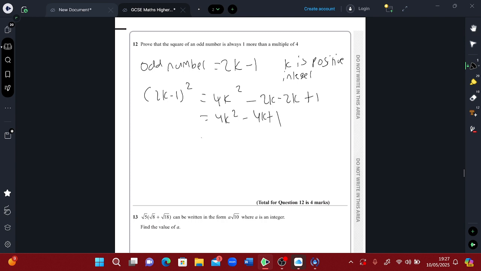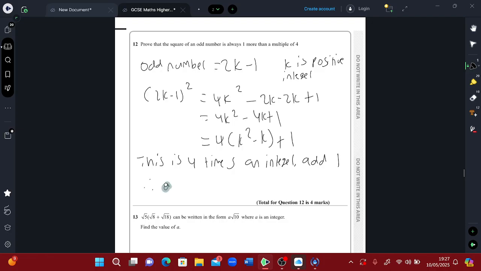Well, yes, that's true because we can factorise this now: 4 times (k squared minus k) plus 1. k squared is an integer, k is an integer, so if you subtract two integers, that's also an integer. So this is 4 times an integer, which means a multiple of 4. Add 1. So therefore it has to be 1 more than a multiple of 4.